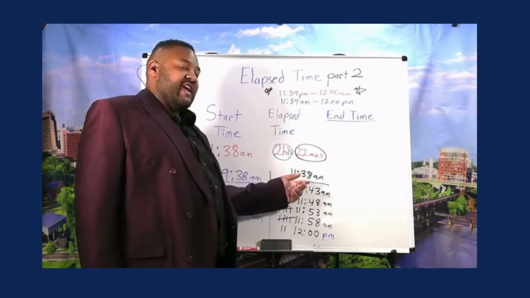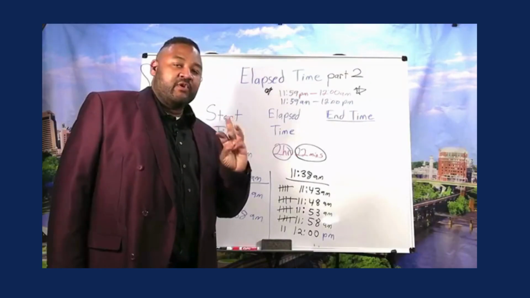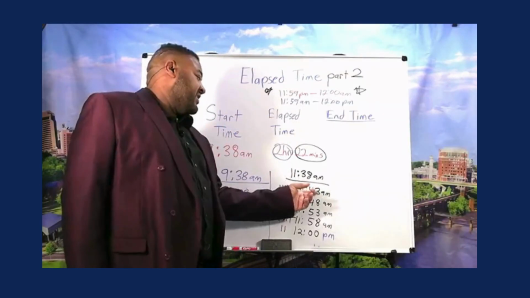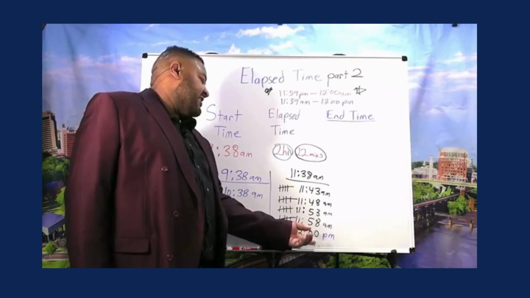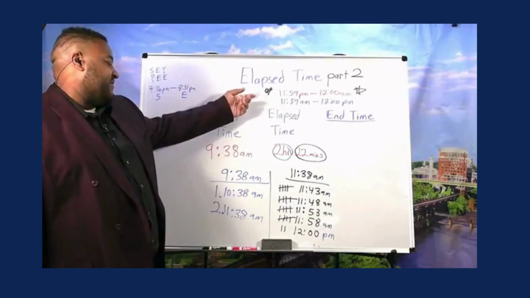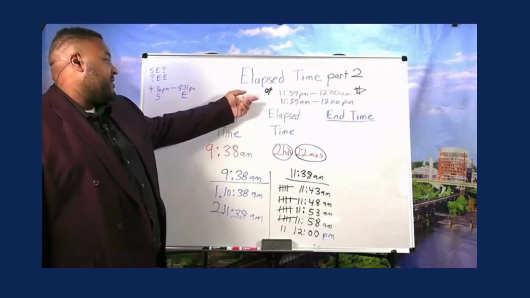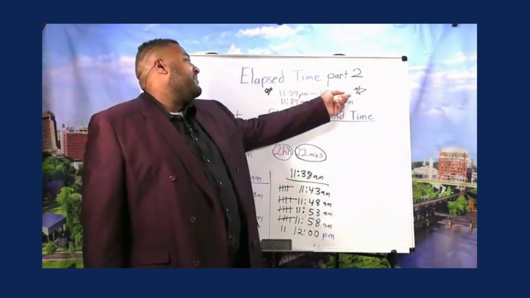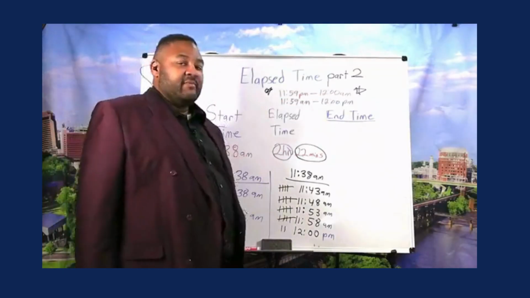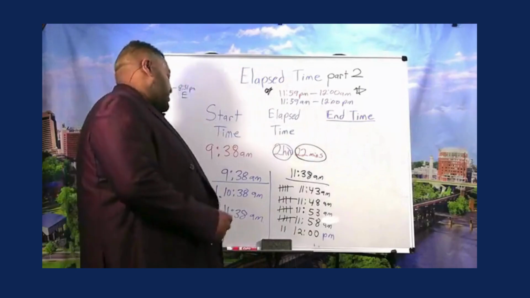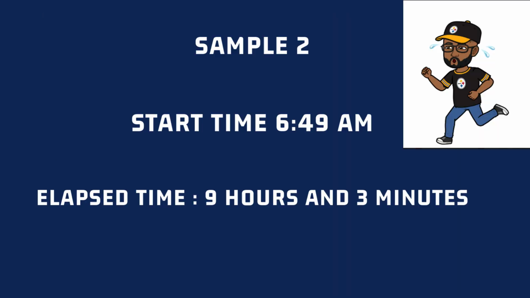What comes after 38? 39, 40, 41, 42, 43. I kept adding 5 till I got to 12 o'clock. But my rule states at 11:59 p.m., it changes to 12 o'clock a.m. At 11:59 a.m., it changes to 12 o'clock p.m. Questions or concerns?